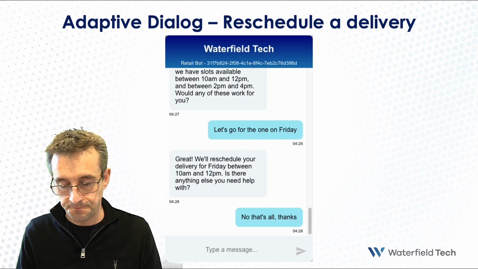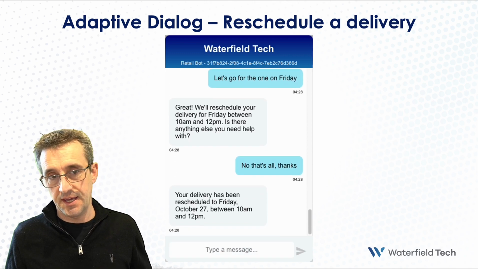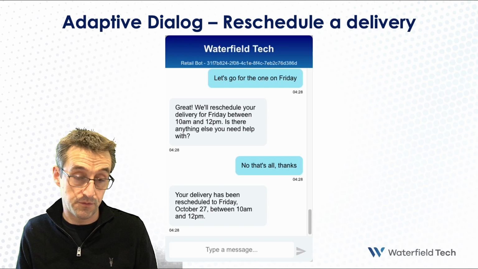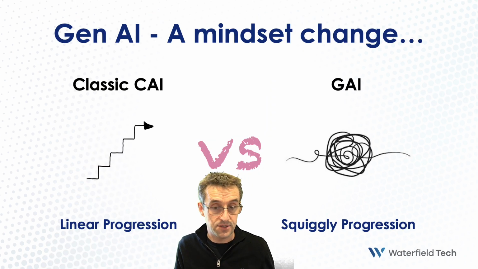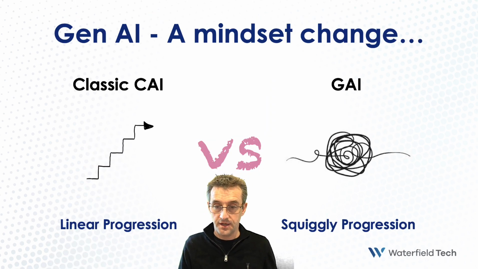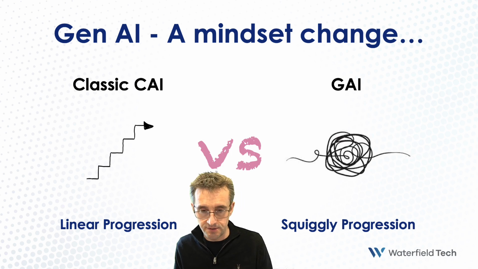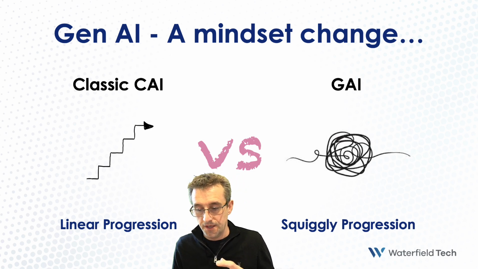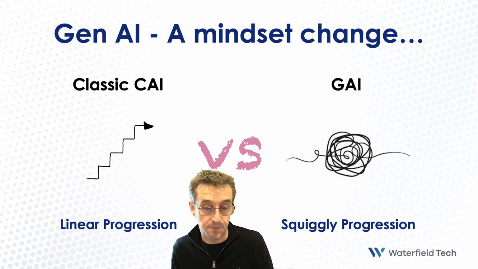No, that's all, thanks. So what we're seeing here is a great example of how conversational AI has moved on from the classic linear progression we saw with older technology, where we really needed to design those experiences, and because of that there was always a limitation there, and because every step needed to be scripted and designed, we also saw that it meant that there were certain situations where we couldn't handle because we hadn't thought about it.